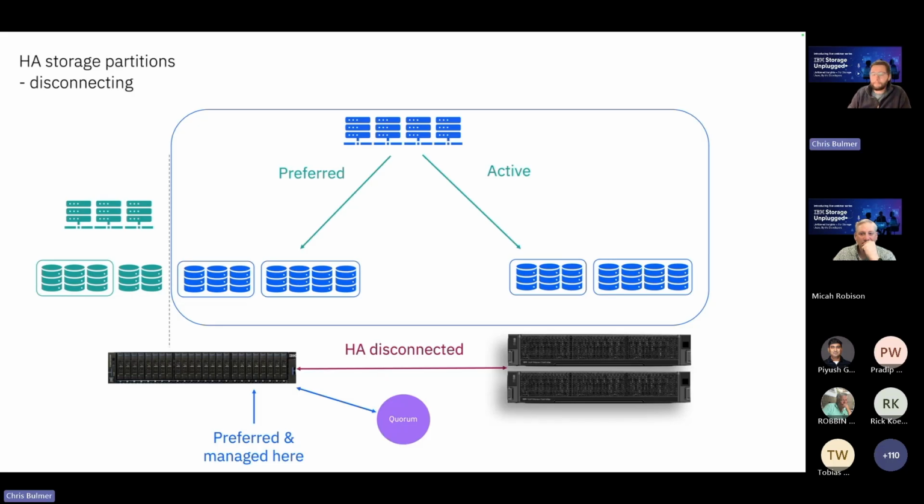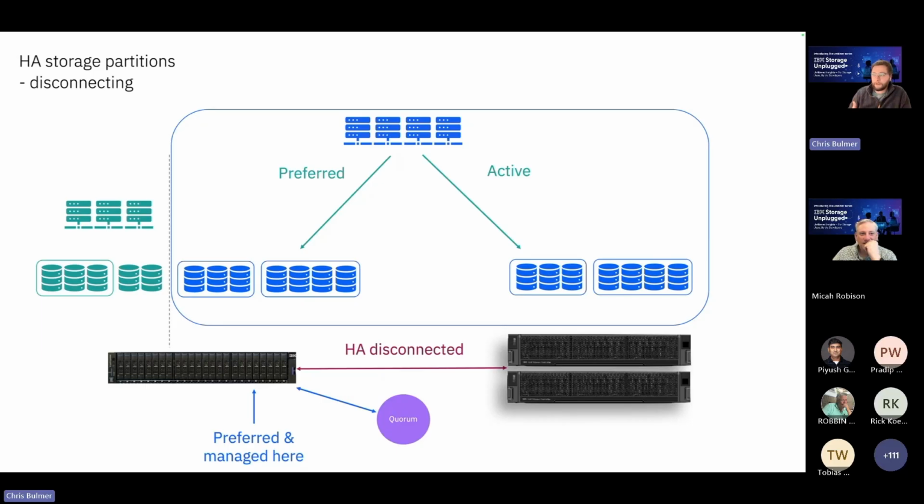The ISL might be having a bad moment and it recovers in 200 milliseconds. We don't want to commit to breaking HA and then having to do a lot of resynchronization for a small glitch. What we want to be able to do is ride through that. So for a couple of seconds, we sit there and do absolutely nothing. If the link reconnects in that time, it gets on as if nothing happened.